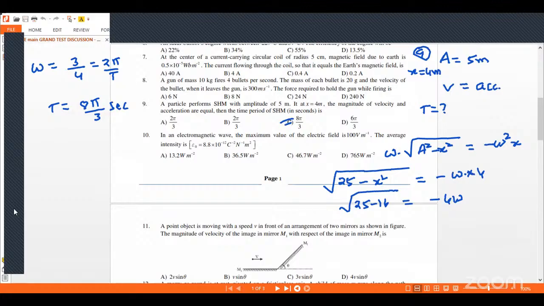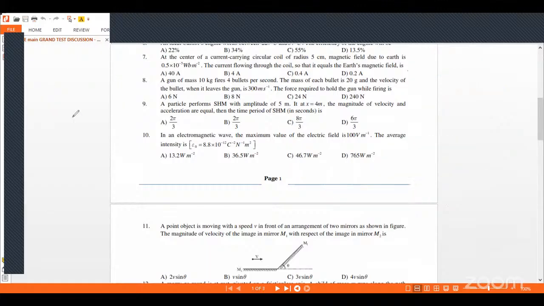Fine. Next, 10th question. See the 10th one. In an electromagnetic wave, the maximum value of electric field is 100 volt per meter. Average intensity.